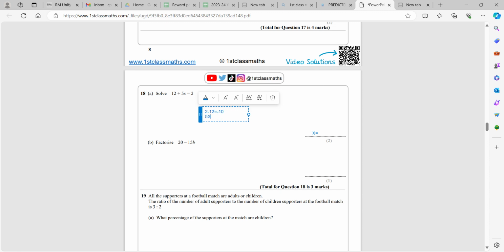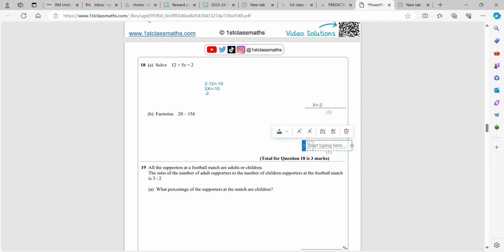Now if 5x equals minus 10, divided by 5, well 10 divided by 5 is 2. So I'm just going to put my minus back, and it's minus 2. Very, very important you show each step of this, because each step is going to be a mark. Okay, if you've got this written out, you're going to get a mark for it, or this here, you're going to get a mark for it.